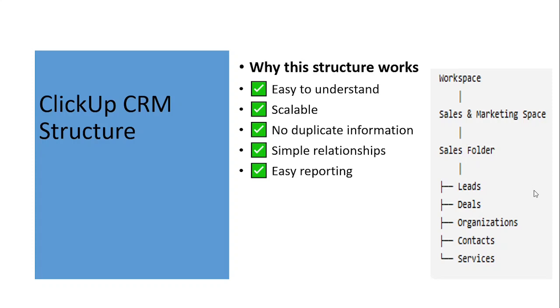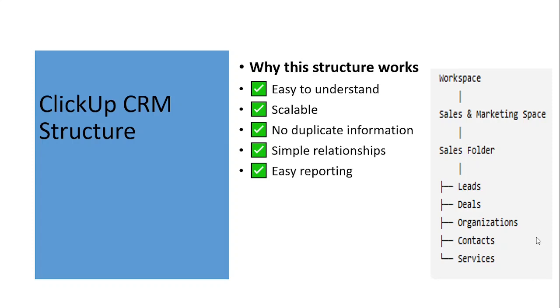Each list has a specific purpose. The leads list stores potential customers who have not yet been qualified. The deals list stores qualified opportunities moving through the sales pipeline. The organizations list stores companies you're working with. The contacts list stores individual people from those companies. The services list stores everything your business offers.